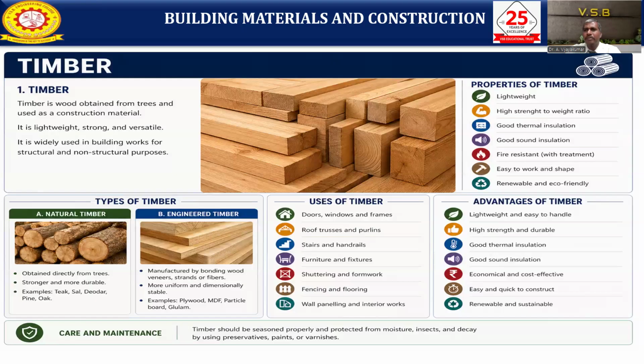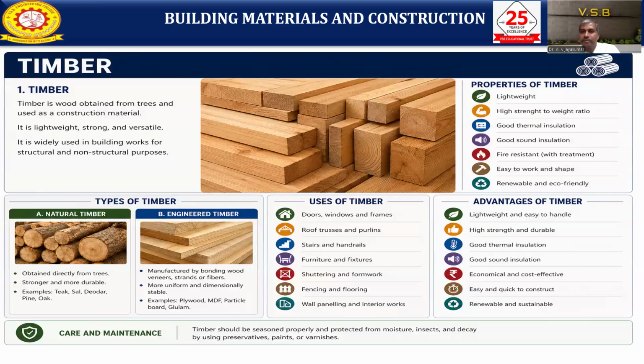Where can we use it? Doors, windows and frames. If you see the hall in our home, we have started using timber. Roof trusses and purlins, stairs and handrails, furniture and fixtures, shuttering and formwork, fencing and flooring, wall paneling and interior works: we can use timber for all of them.